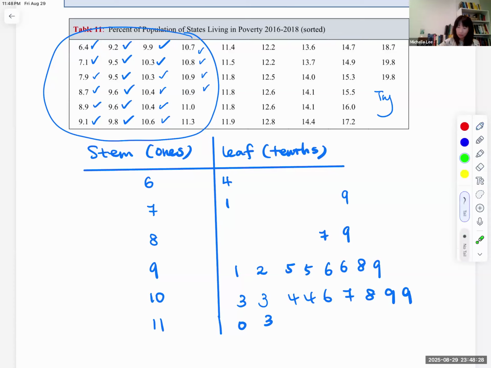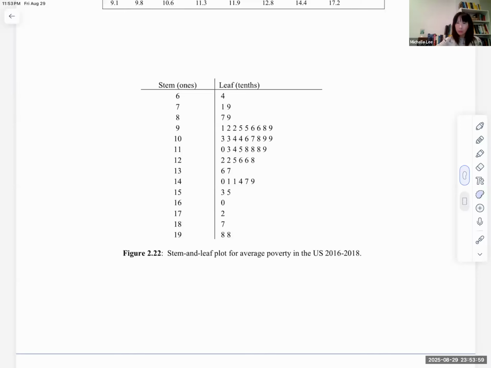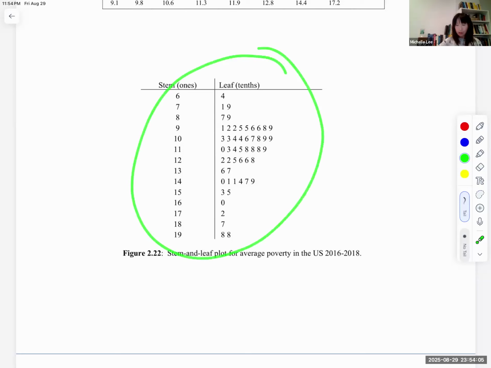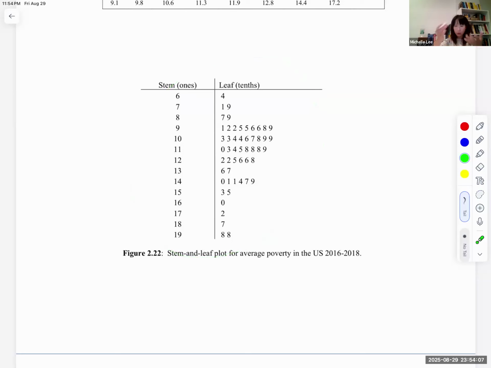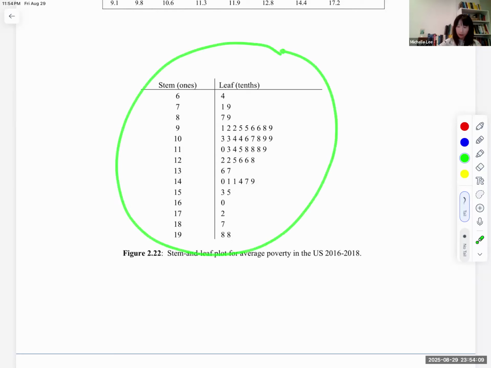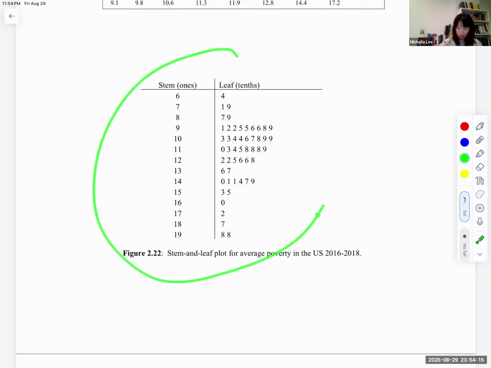So if we do that for everything, then let's use the one from the textbook. If you do this one, and then we combine my work, your work, everything, then we get a nice form of stem and leaf plot like that.